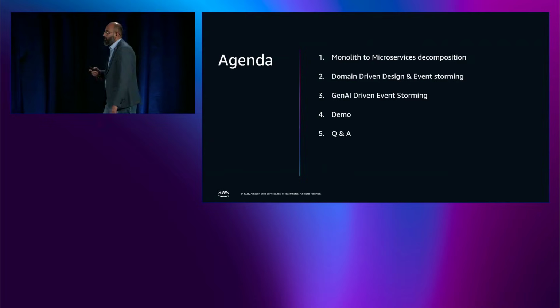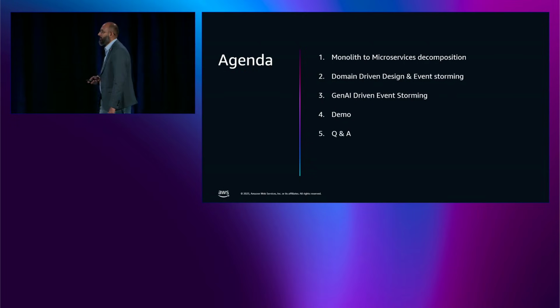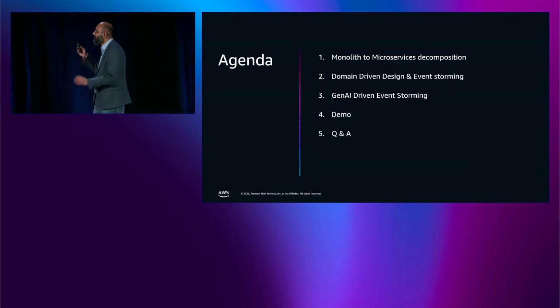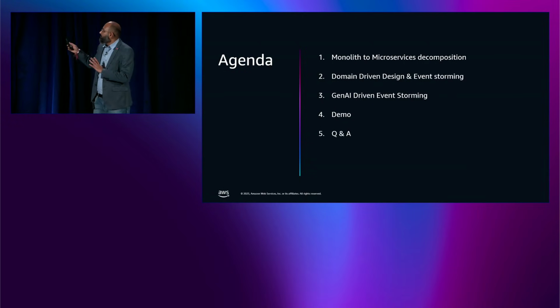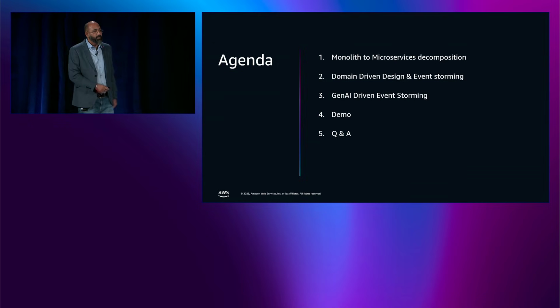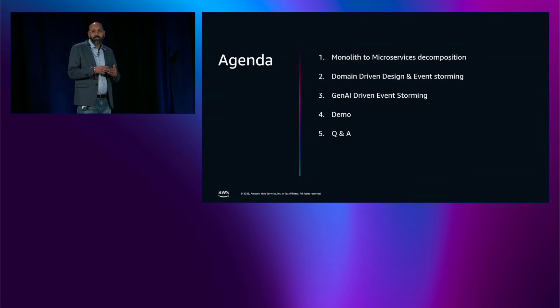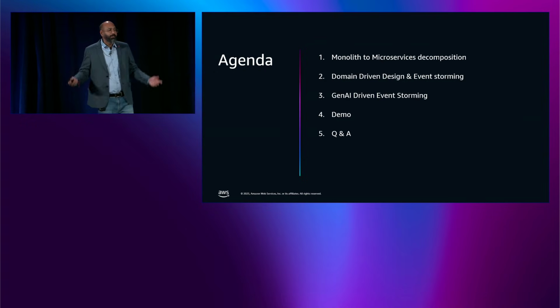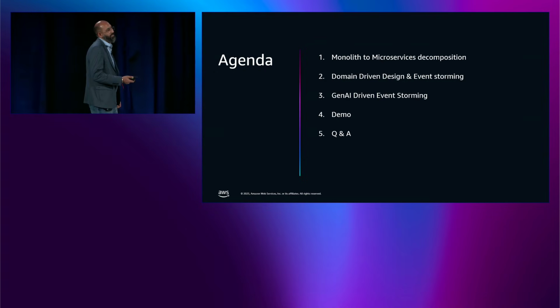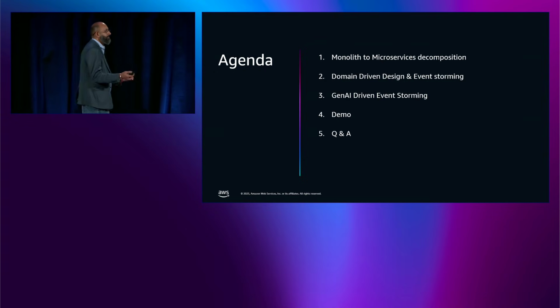So a quick agenda, how our next 1 hour is going to look. We are going to talk about a use case from monolithic to microservices, where we are considering monolithic as a representation of the legacy application and the microservices-based cloud-native architecture as the to-be target state.